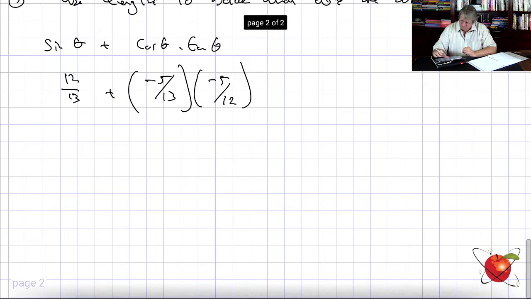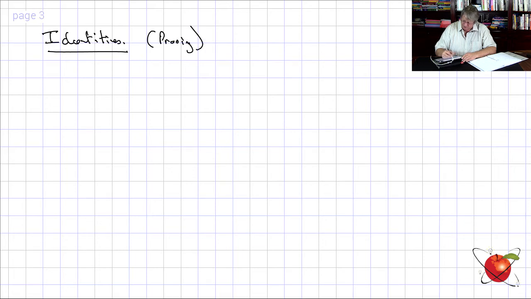Now, we did a little bit of proving of identities, didn't we? Some basic ones. Let's have a look. What have we got? These are identities now, and basically we're going to be proving these.